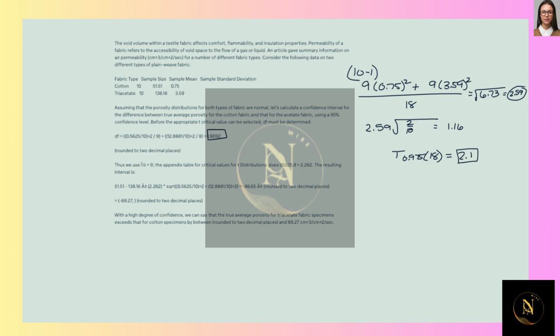So then what you're going to do is take the difference between your means, which is negative 86.65, and you're going to multiply these two values here. And so it's going to be negative 86.65 plus or minus 2.44, because this is 2.44.